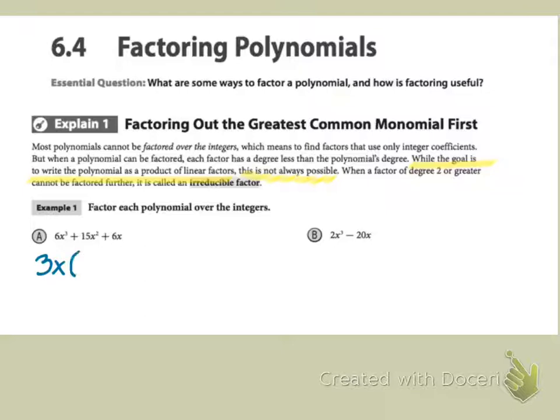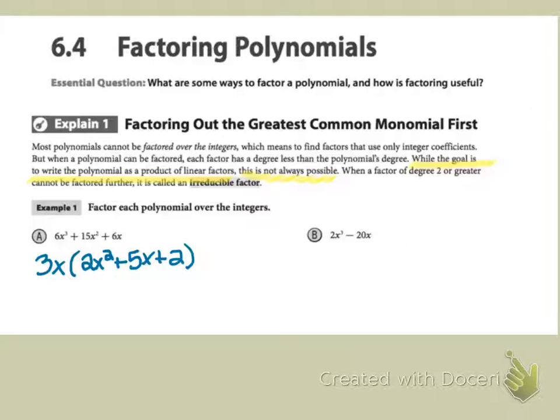When I take that out, what's left of the first term is 2x squared, what's left of the middle term is 5x, and what's left of the final term is just 2. If I was just looking to find a GCF, then that would be done. But because our goal is to factor these, we want to see if we can go any further.